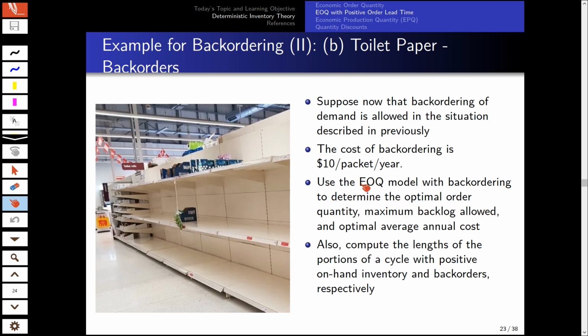Please use now the EOQ formula with backordering to determine the entities mentioned beforehand, the optimal order quantity, and also now the maximum backlog allowed together with the optimal average annual cost, and also the fraction of time that we have positive on-hand inventory as well as negative on-hand inventory, meaning the fraction of time that we encounter back orders.